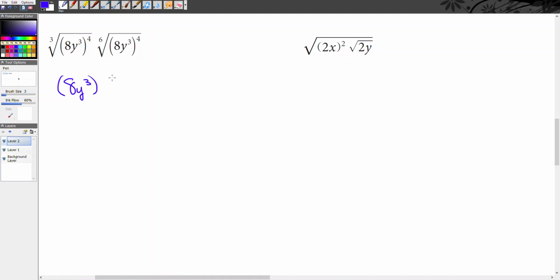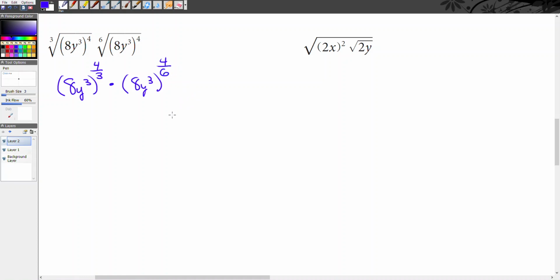So remember, the top number is my power, so that's 4, and the bottom number is the root, so that's 3. So this becomes 8y to the third to the 4/3 power times, over here we're going to do the same thing again, 8y to the third raised to the 4/6 power.